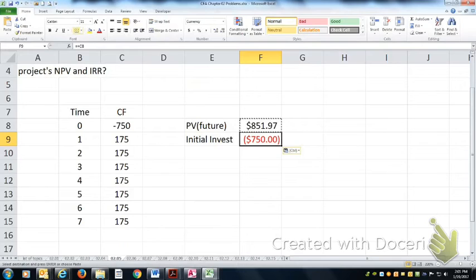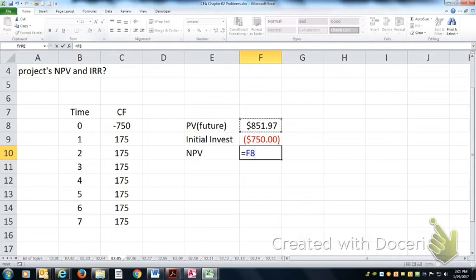So summing those two together, the NPV, the net present value, is the present value of the money coming in the future, what it's worth today, minus what we have to spend today. And the NPV is right at 101.97 million won.